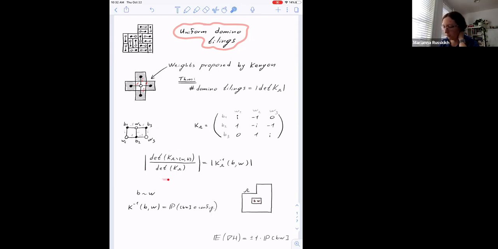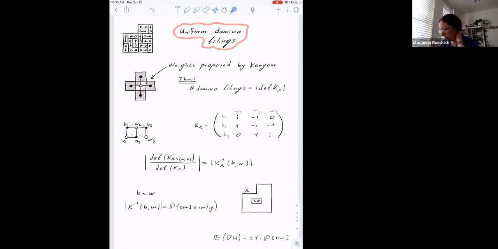So what is written here is just the probability to see domino BW in the random dimer configuration of this domain, right? So the absolute value of the inverse Kasteleyn matrix is the probability to see the corresponding domino in the configuration.